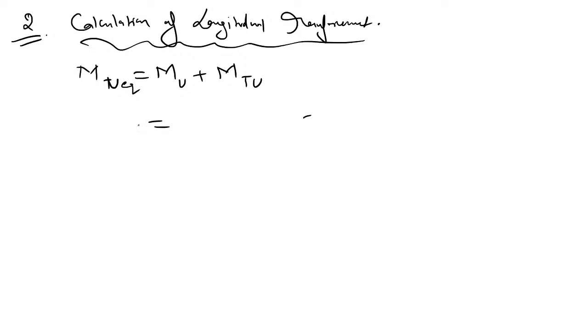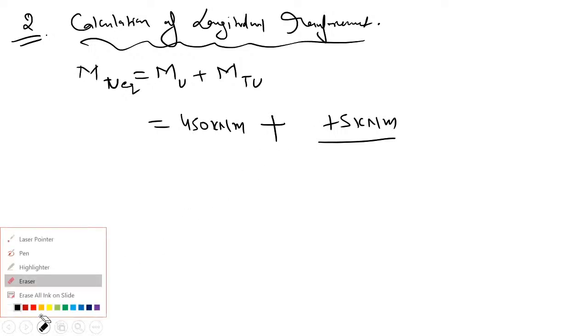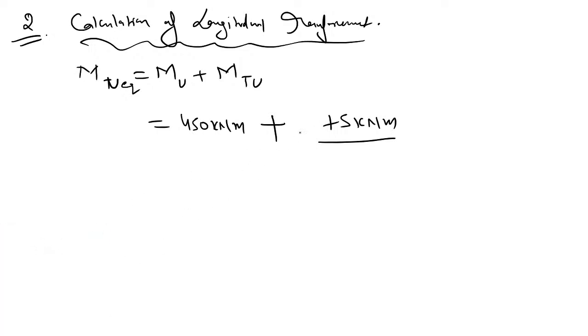It is 450 kilonewton meter plus Tu, means 75 kilonewton meter upon 1.7.